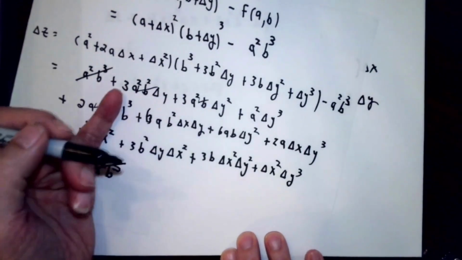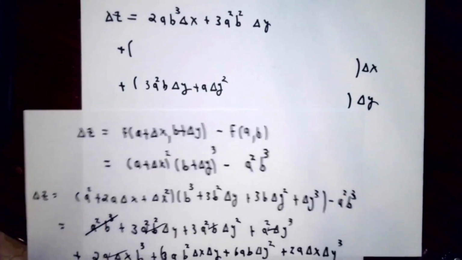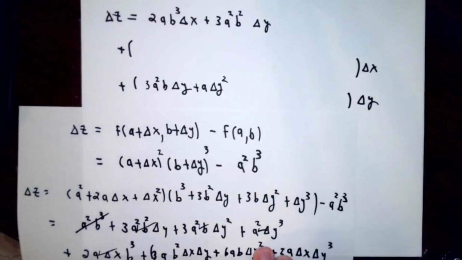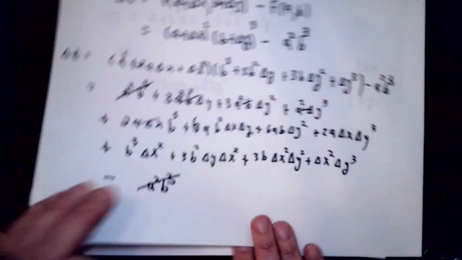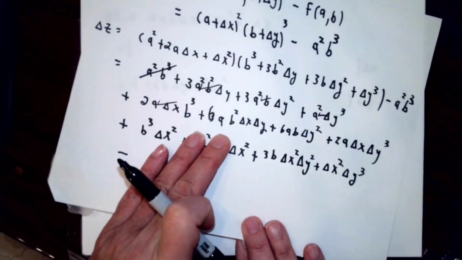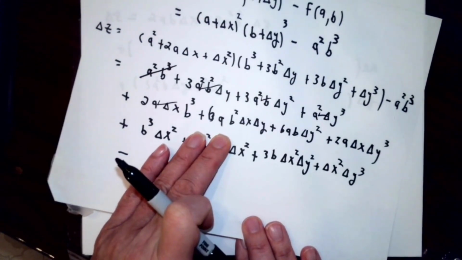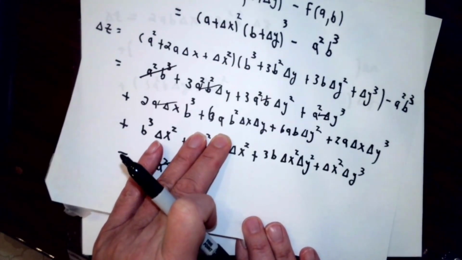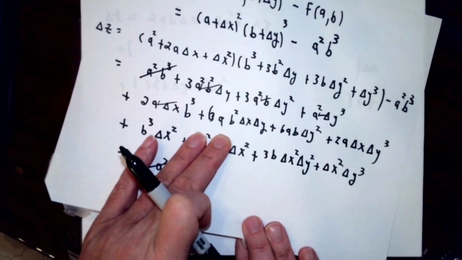So that one. A squared, that is, although that won't make any difference. That's been accounted for. I have 6ab squared delta x delta y. This term has both factors of delta x and delta y in them. I could put this in either one of my sums.